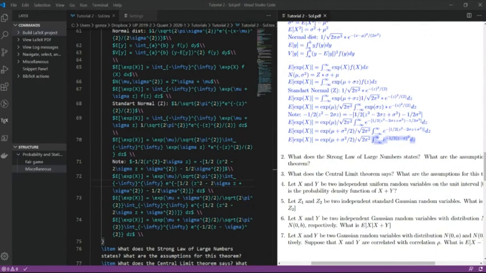Look at the standard normal distribution. No?